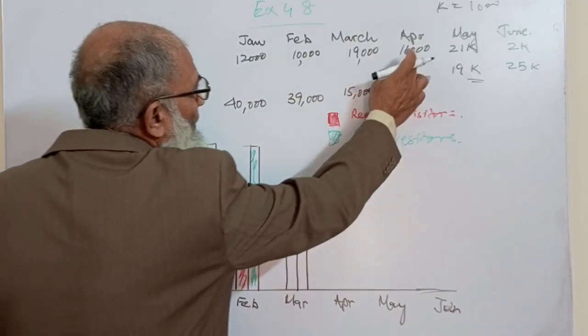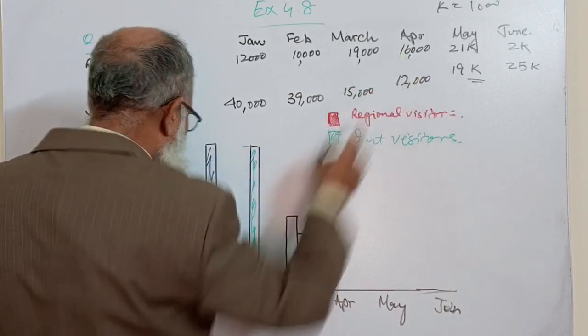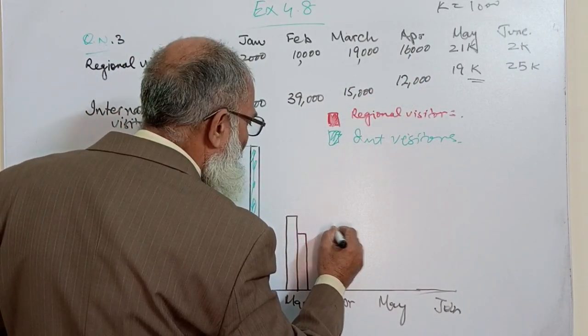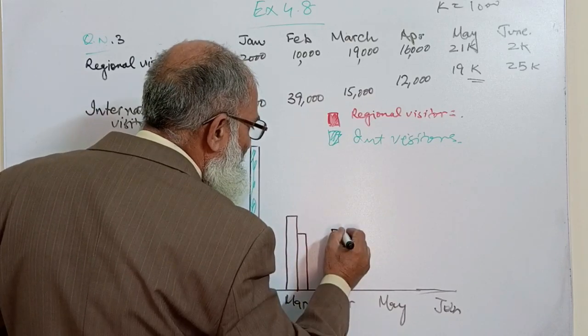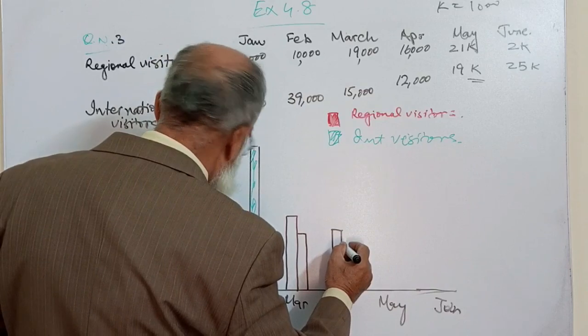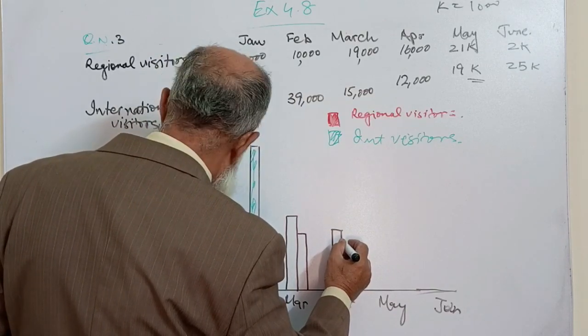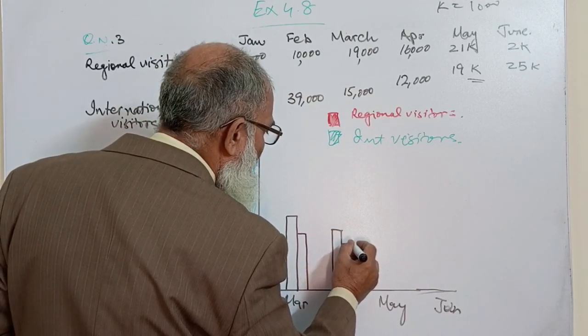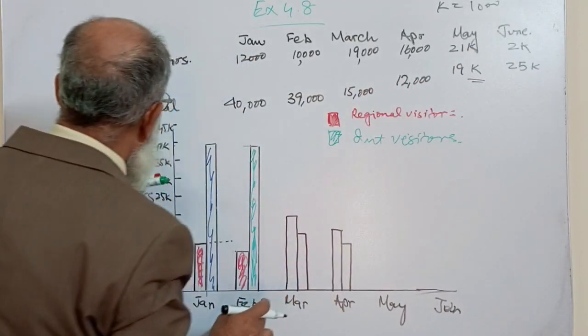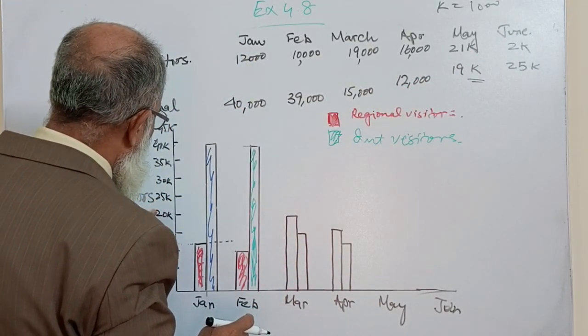April, 16,000, 16,000 will come over here. 16,000 and 12,000 somewhere here. In May, 21,000.